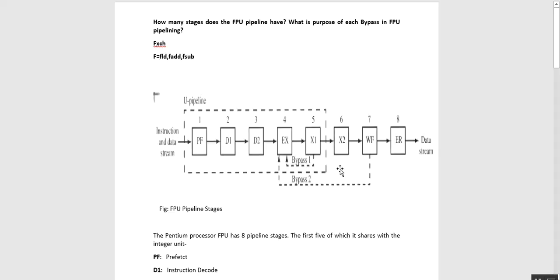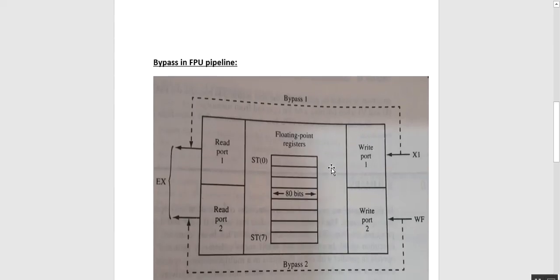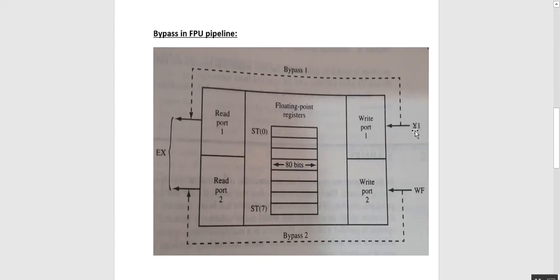Then we will discuss the second point, that is, what is the purpose of each bypass in floating point pipelining. What happens in the floating point pipeline? There are two different bypass connections. Bypass 1 connects the output of the X1 stage to the input of the EX stage.